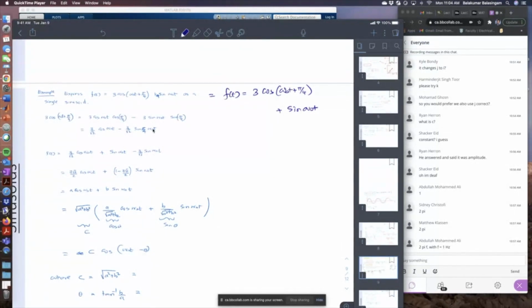You can still do it, but I'm just trying to make sure the answer matches the question here. So then 3 cos ω0 t, yeah, some steps were skipped. Cos π/4. What is cos π/4? 1 over square root of 2, right?